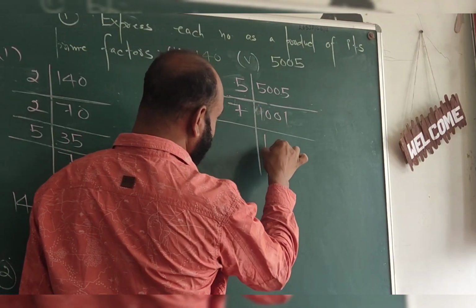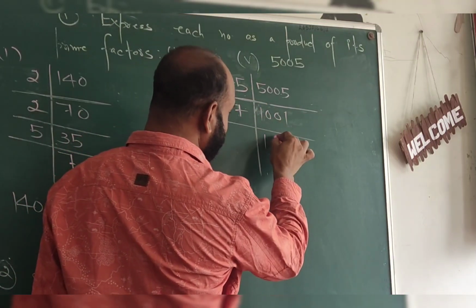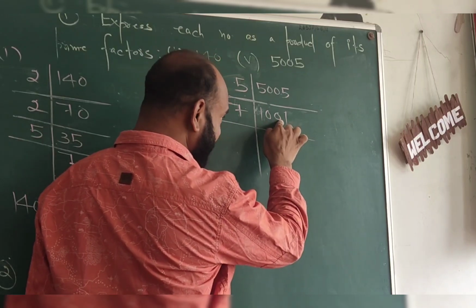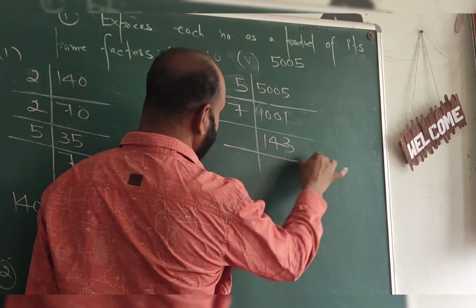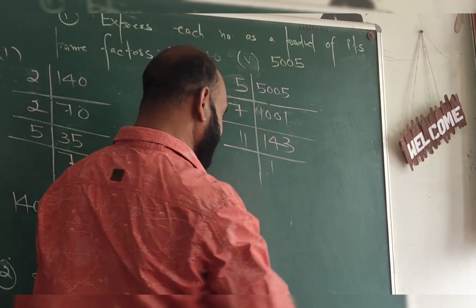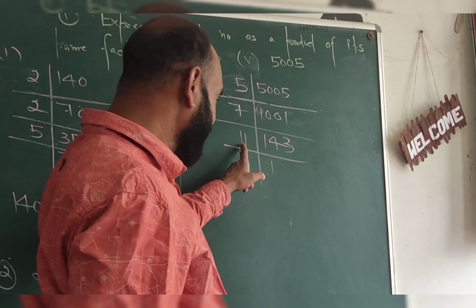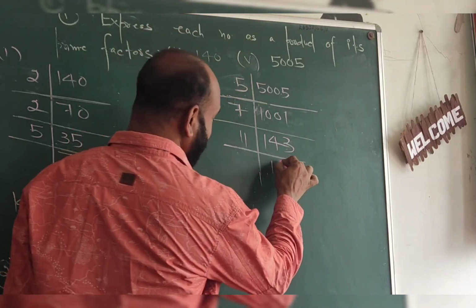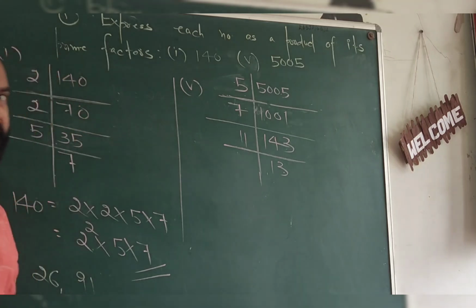7 1 7, 7 3 21, 7 4 28. Next 21, 7 3 21. So next, which is divisible by 11. 11 1 11, 11 3 33, and we know 13 is a prime number.